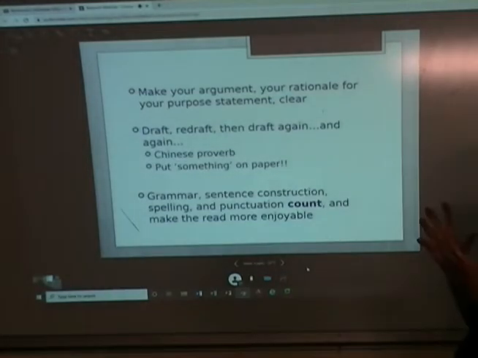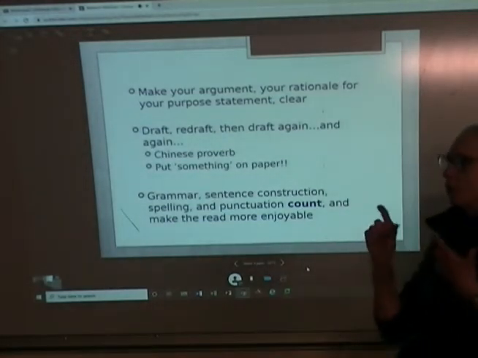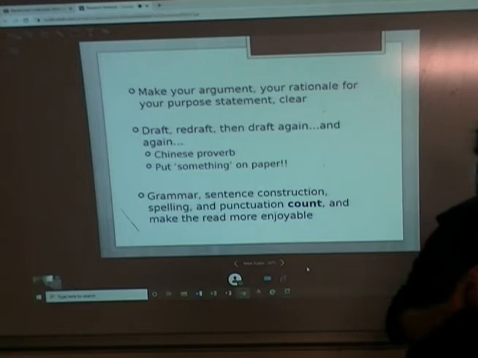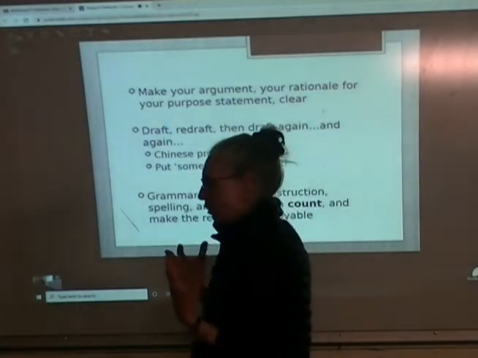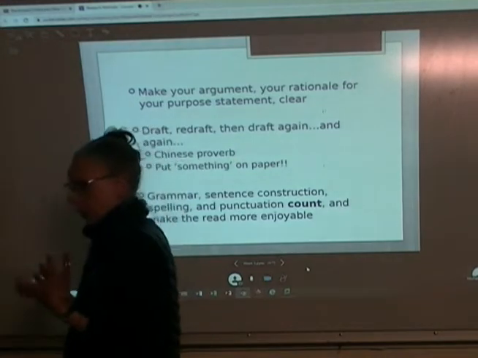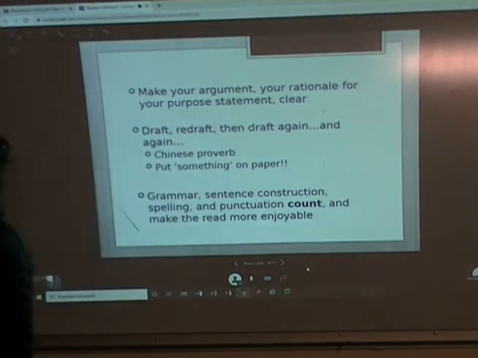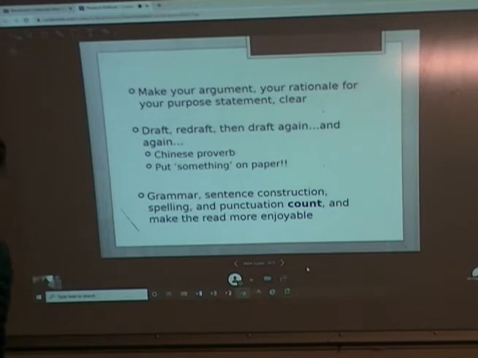There's a really cool little quote in the textbook where they say there's not really any such thing as writer's block. What we have is reader's block, right? Which I think is actually quite an insightful statement.